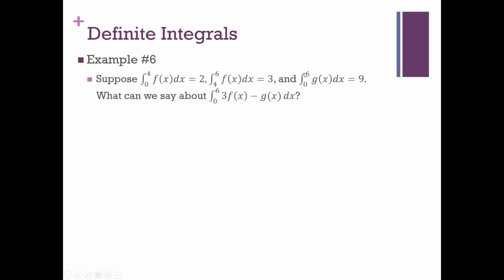So because of that, can we answer this weird thing? I want to find the integral from 0 to 6 of 3f(x) minus g(x), based on the things we know. -4.